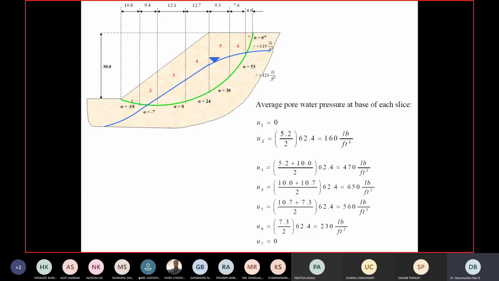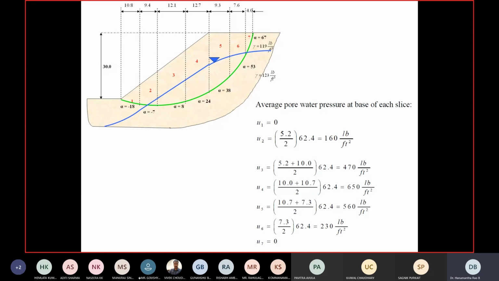Here they have taken the average height at the middle of the slice. From the previous calculations corresponding to the weight components, we know the heights between the interfaces of two slices, like 2, 3, 3, 4, 4, 5, 5, 6. The same heights can be taken here.